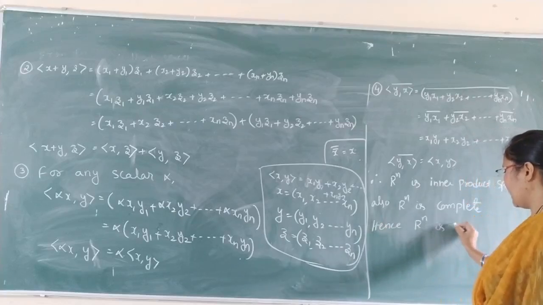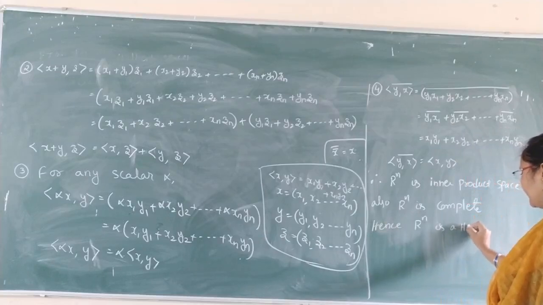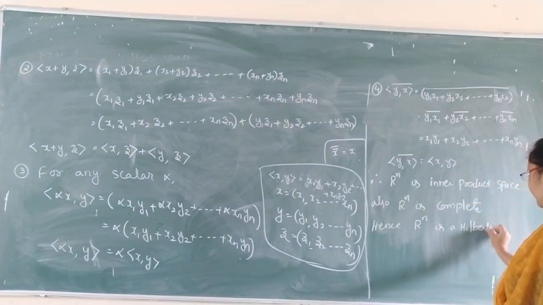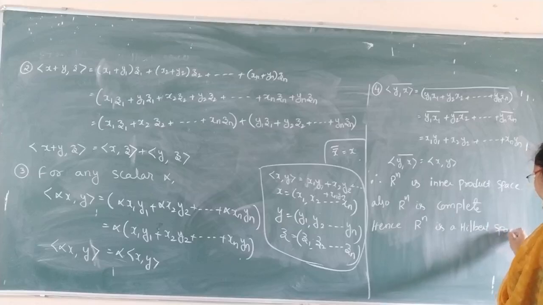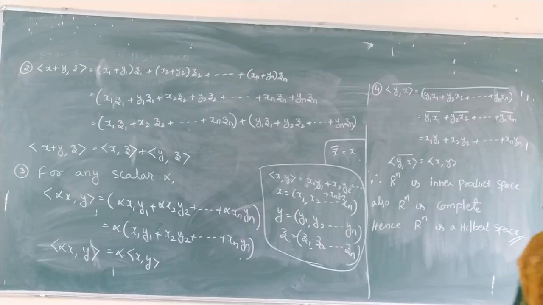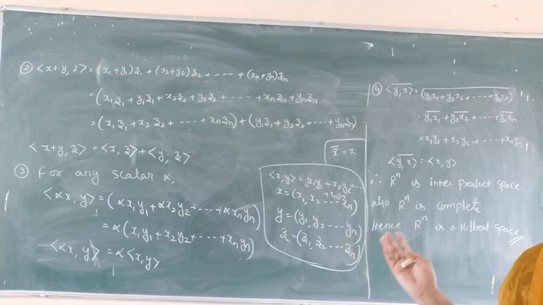Hence R power n is a Hilbert space. And suppose you get this problem in the exams as a short answer, then this procedure is enough.